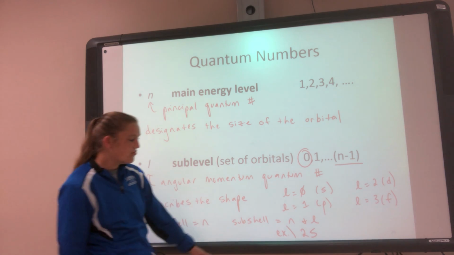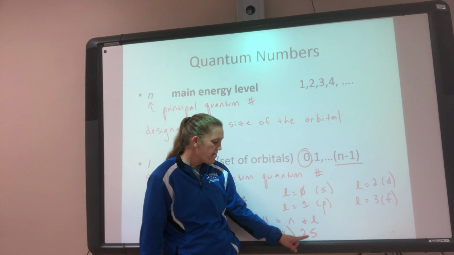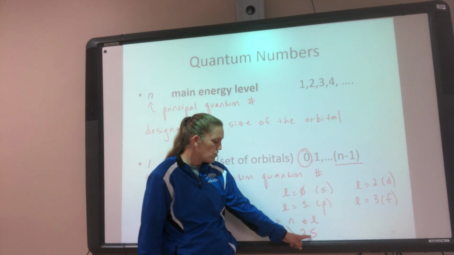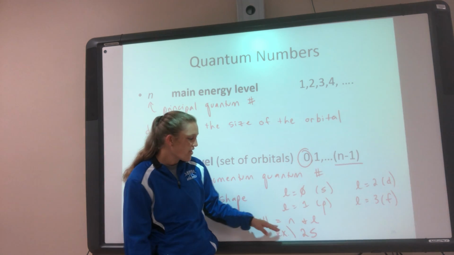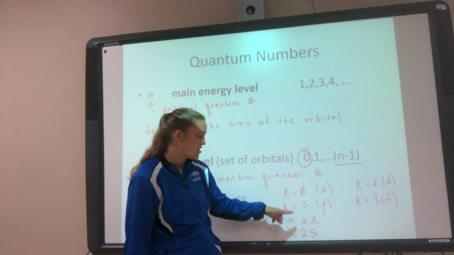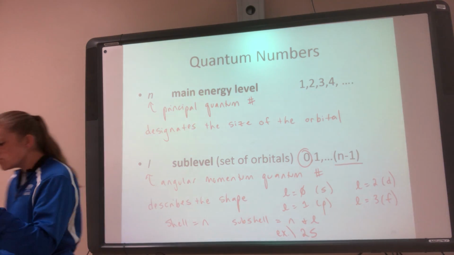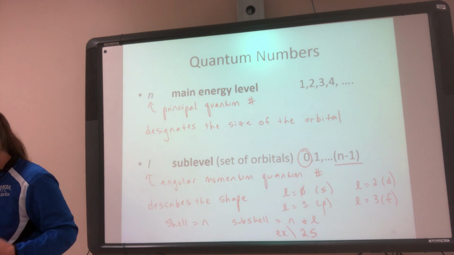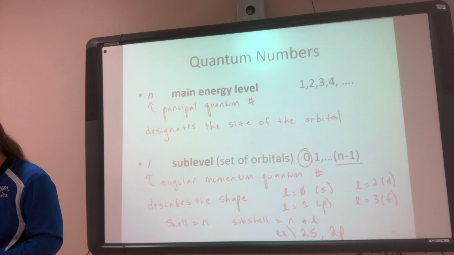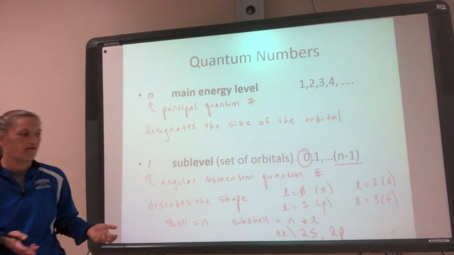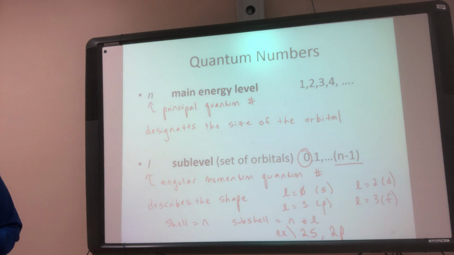My n would be 2, and then my L would be an S orbital, so a 2s. It's not that we take the S, which is 0, and say 2 plus 0. We're not adding it up mathematically. We're just taking those two values and writing them together. So you could have a 2s subshell, you could have a 2p subshell. So that's my n quantum number, and that's my L quantum number.